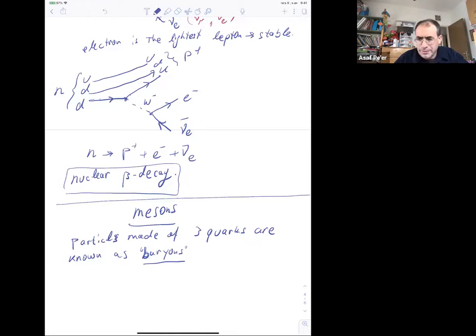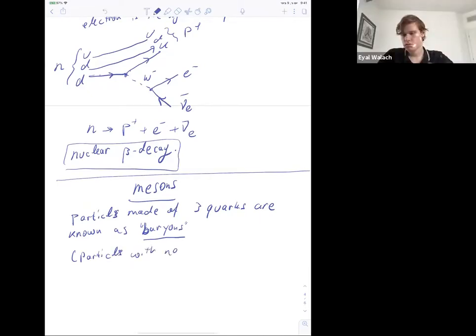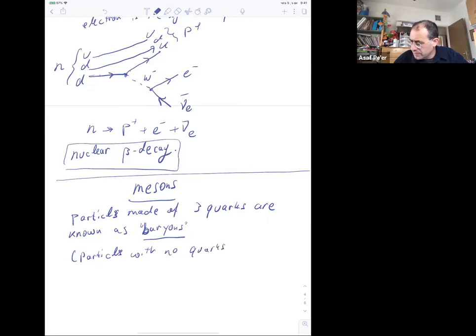Leptons are particles that do not contain any quarks, right? Particles with no quarks are generally called leptons. Again, from Greek, it means light.